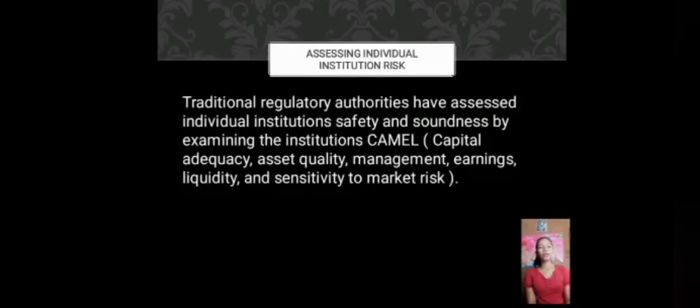Traditionally, regulatory authorities have assessed individual institutions' safety and soundness by examining the institution's CAMEL. CAMEL stands for capital adequacy, asset quality, management, earnings, liquidity, and sensitivity to market risk.